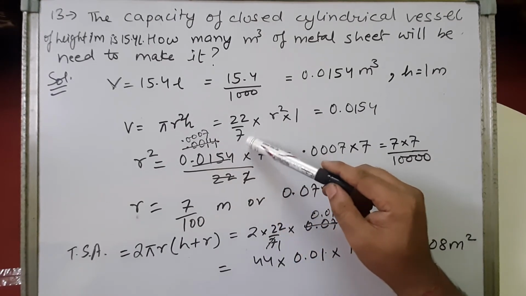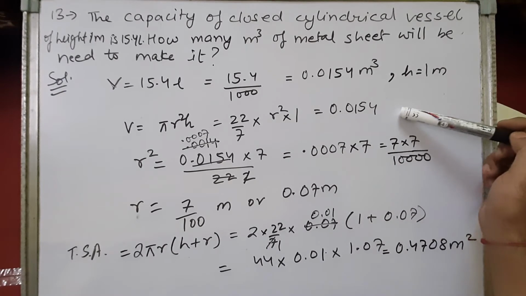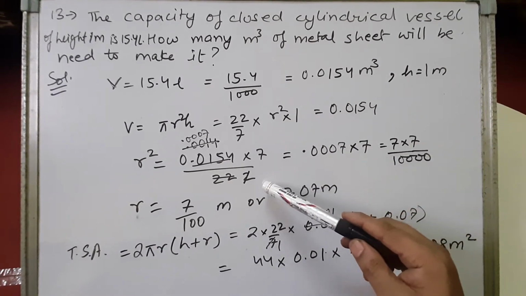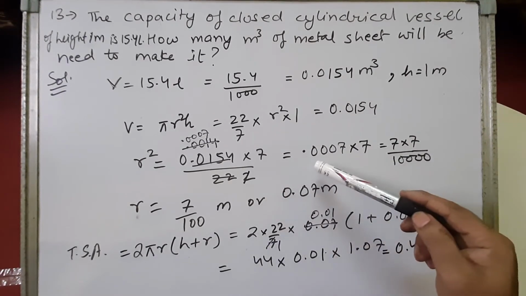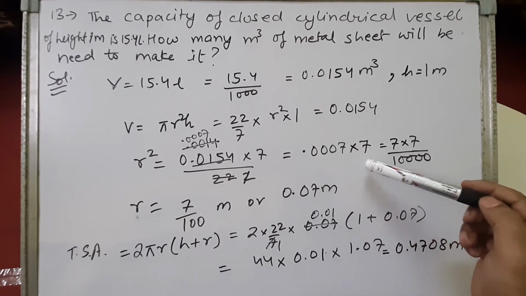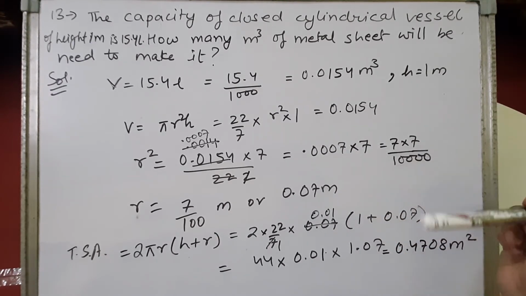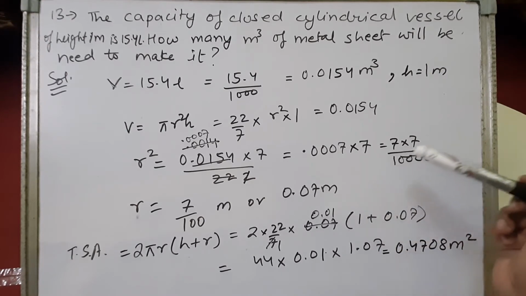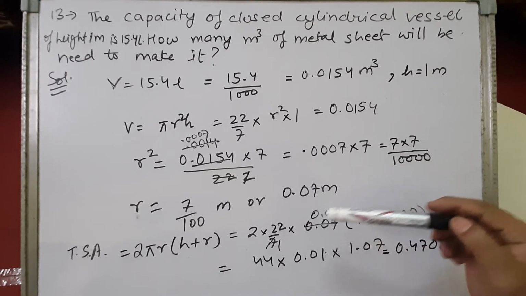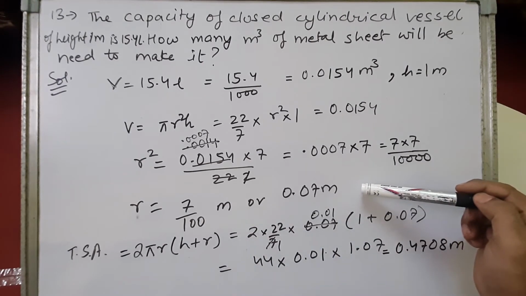When we substitute 22 upon 7 into r square into 1 equals the volume, and cross multiplying the values, we get the value of r square as 0.0154 into 7 upon 22. If we remove the decimal, we get 10,000 in the denominator, and in the numerator we get 7 into 7. So now we can take the square root easily. So the value of r is obtained as 7 upon 100 meter, or 0.07 meters.